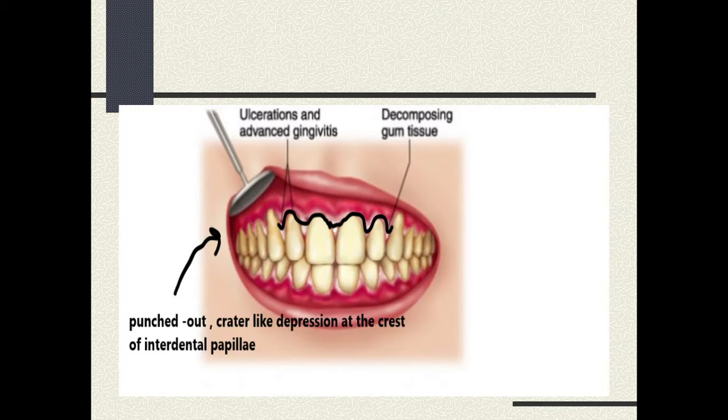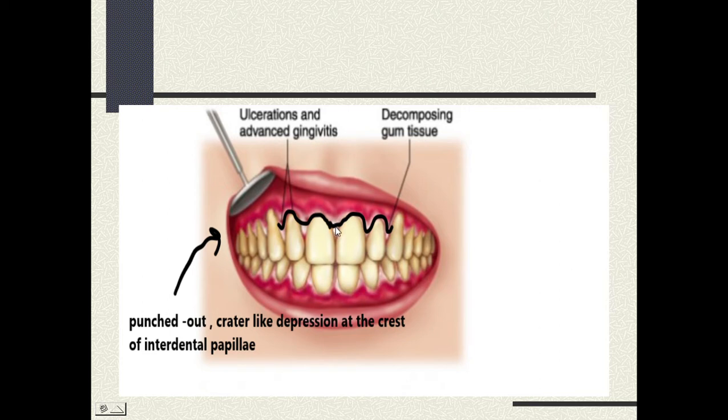So you can draw this diagram if you are fond of drawing diagrams, and it's more important if you want to score good marks. What you can do is, on one side you can draw the interdental papillae intact, and on the other side the punched out lesion.